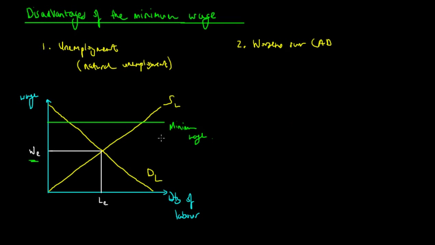So as we can see using this graph, here is the quantity of labor demanded by firms, and here would be the quantity of labor supplied by people, by the labor force.